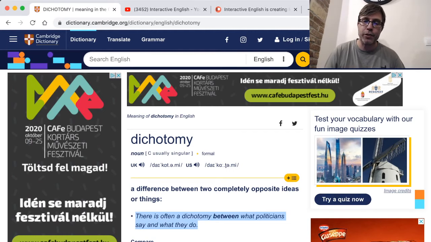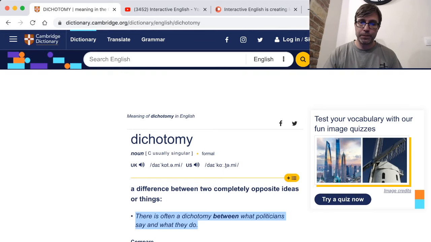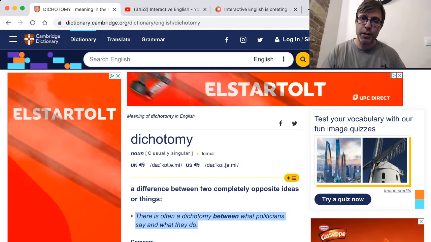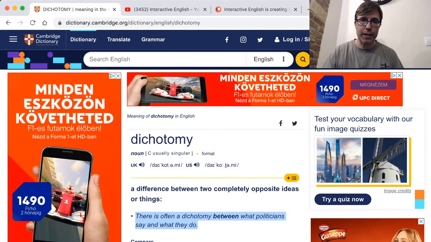say and what they do. That's a really good example because those are opposing ideas. Politicians might say one thing, but they do the opposite, and there's a dichotomy between that. Often you're going to follow this noun with the preposition between. There's a dichotomy between two things, a difference between two completely opposite ideas.